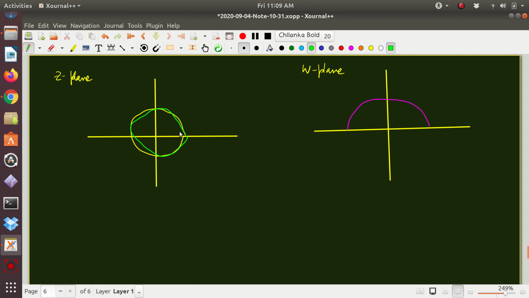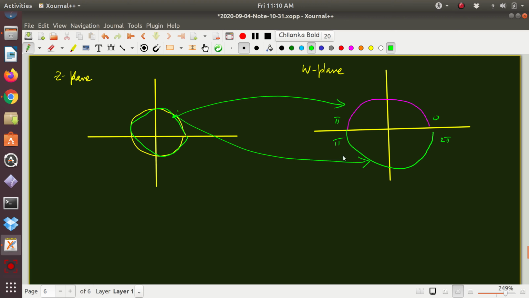But you know that in the z plane, if I add 2 pi to an angle, you are still at the same point. But in the w plane, this will now map to this lower half. This is 0 to pi, this is pi to 2 pi. So the same point in the z plane gets mapped to two different points in the w plane.